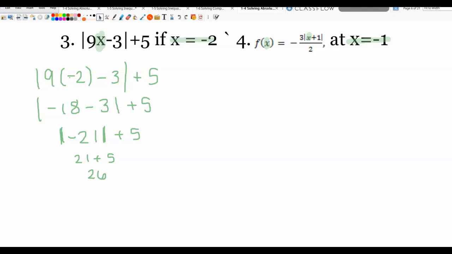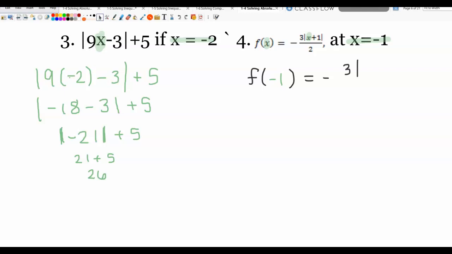In number 4, everything about the problem holds true, but now it looks like f of, and you replace that x with the -1, equals -3 absolute value.